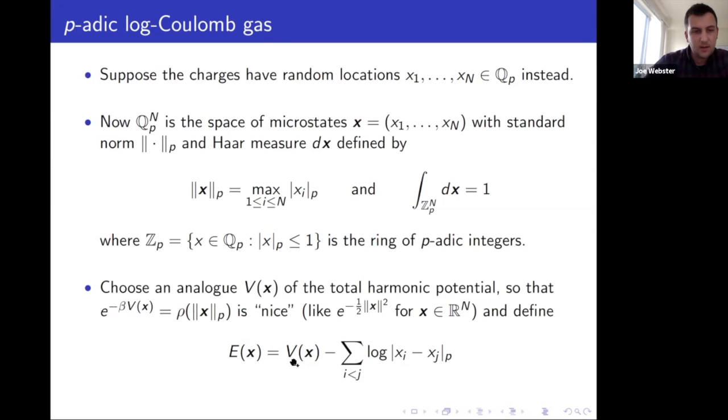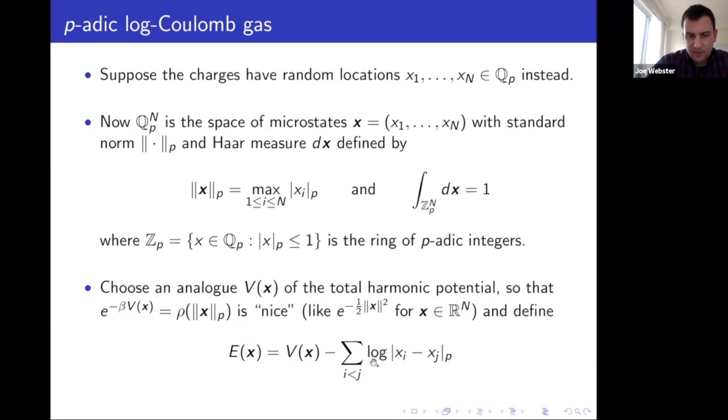So if you like, you can just imagine that rho is this function literally, with x p-adic and these norms the p-adic norm. So I won't be working with a specific rho from here on out, but you can choose rho of the absolute value of x sub p to be exactly this, but just with the p-adic version of the norm here, if you like.